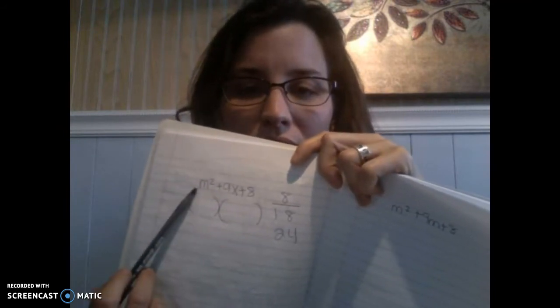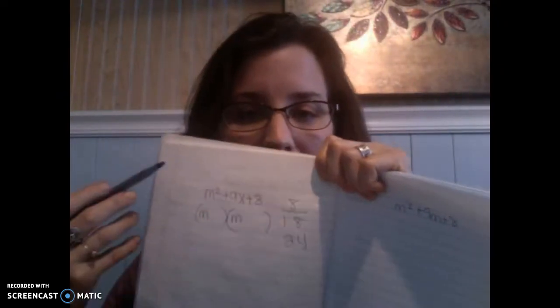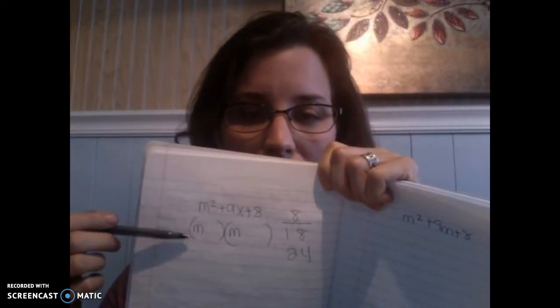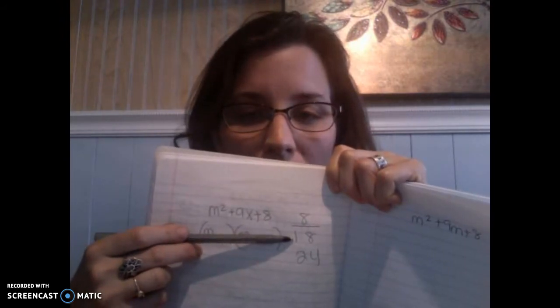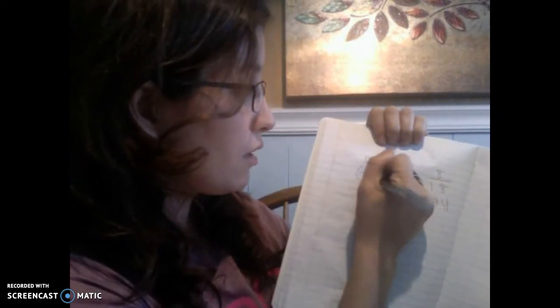Well, since this is m squared, that means it had to have been an m times an m. So I'm going to put down my m and my m right here in the beginning. And again, the leading coefficient's 1, so I don't have to worry about it. So m and m. And the factors I picked were positive 1 and positive 8. So now I'm just going to place them in there. M plus 1 and m plus 8.